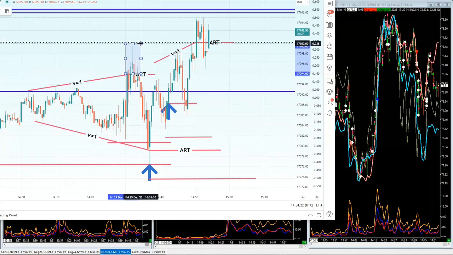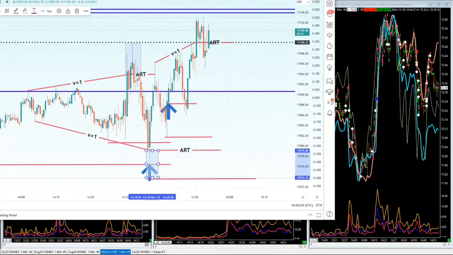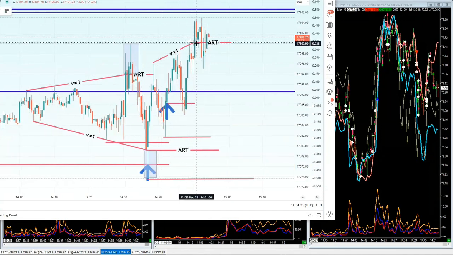So we need to look in that area as an RGL. We need to look into this area here as an RGL. We need to look into this area here as an RGL. And we need to look at those areas with a massive amount of interest, still without concluding anything just because it's an RGL, but with the basic idea that there is something we want to be paying attention to.